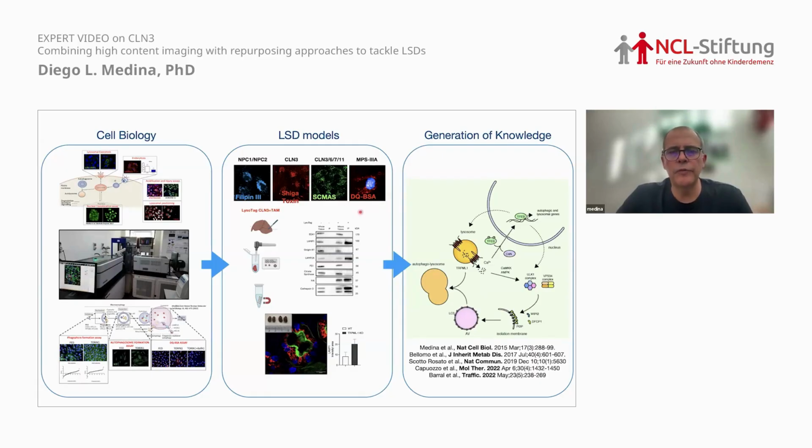In addition to these models, we recently set up in the lab also the LysoTag technology that allows us to immunoprecipitate intact lysosomes from cellular models such as the LSD models that I presented before, but also in vivo from specific tissues such as liver or brain.